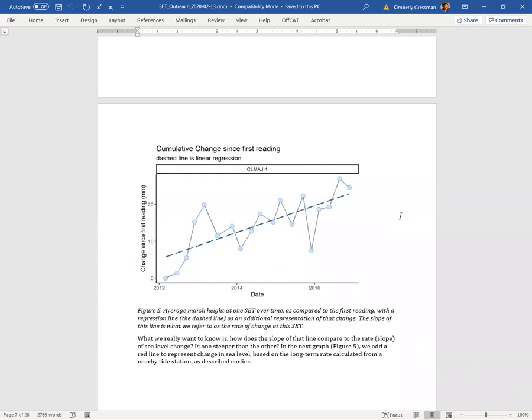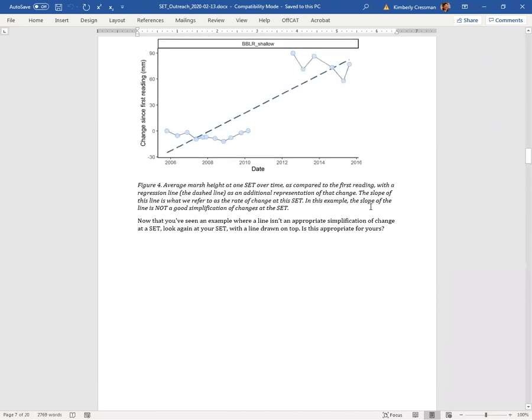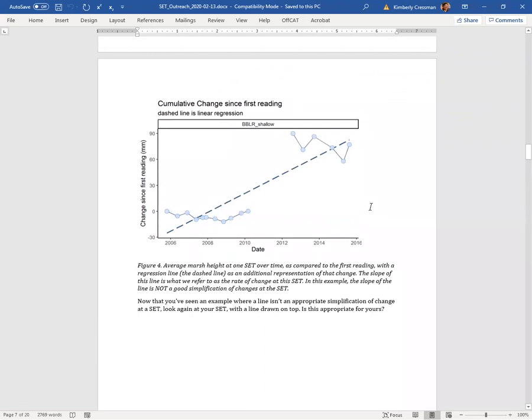Now, something that we've really been trying to hit hard through the course of the project is, you really need to look at your data and make sure a line is appropriate. And in trying to communicate this, we decided to add in a graphic where a line is not appropriate. What you can see here is basically two chunks of time, where in this chunk of time, it sure looks like the elevation at the set is decreasing.